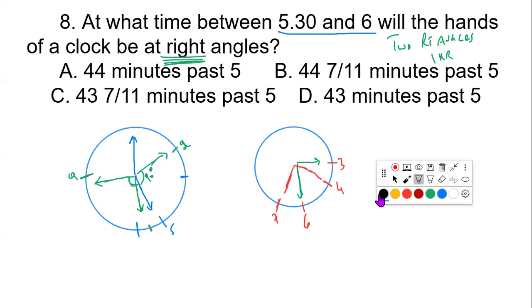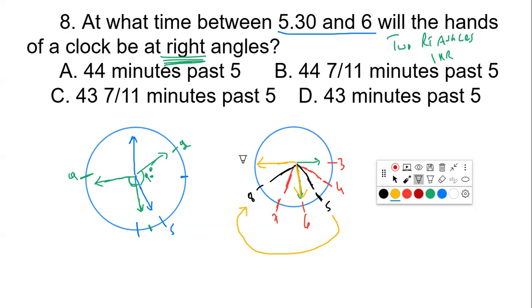When one is at 5, the other should be at 8. And clearly when one is at 9 o'clock, the other is at 6 o'clock, it is also a right angle. So 5 is paired with 8.